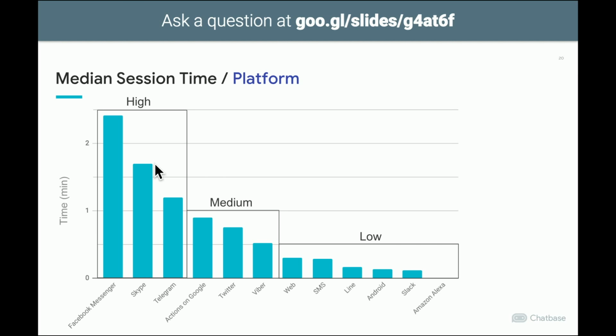And the ones towards the right can include more voice interactions. Also, SMS often is just meant as a notification medium, and there are no deep experiences there. So that's also not surprising to have it in the low bucket.